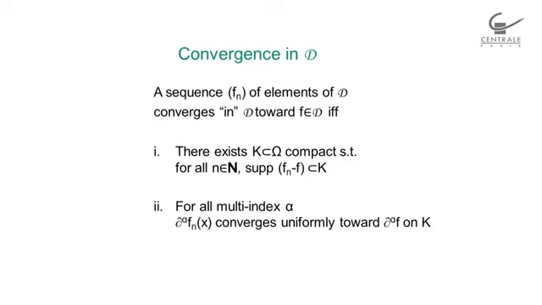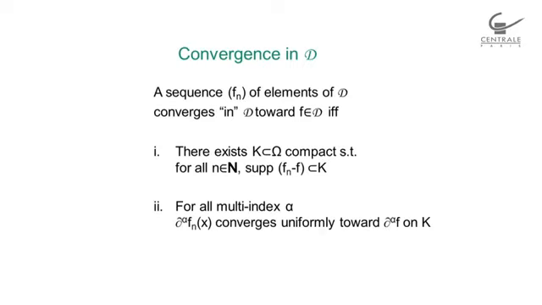Convergence in D. The sequence Fn of elements of D converges in D toward an element of D that will be denoted F if we have two things. Number one, there exists a compact set K such that for all n in N, the set of integers, the support of Fn minus f is included in this compact set K. And, second criteria, for all multi-index alpha, the derivative of Fn with this multi-index converges uniformly toward the derivative of f with respect to this alpha multi-index.